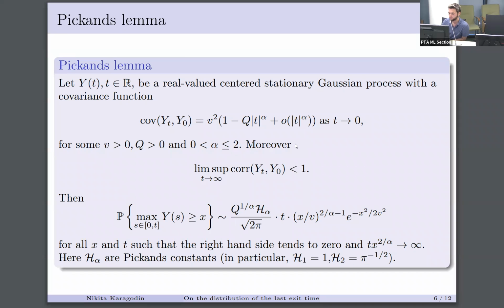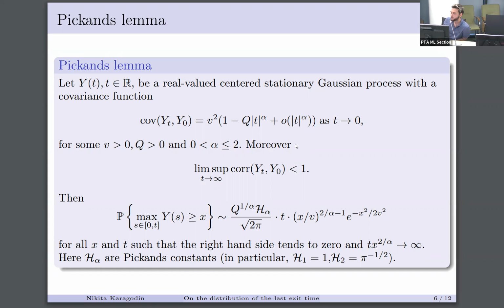Because if this interval is quite small, then the process doesn't change a lot, and you can find its maximum in a sense. That's a famous result in this field, and it allows us to consider not the process in general, but to divide it into different parts and handle it like a sequence of random variables, which is a lot easier.